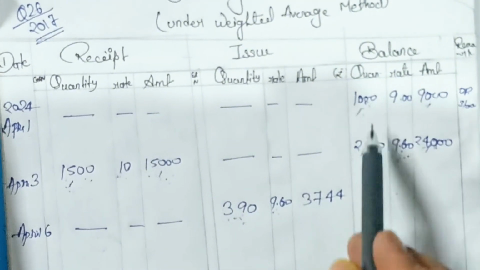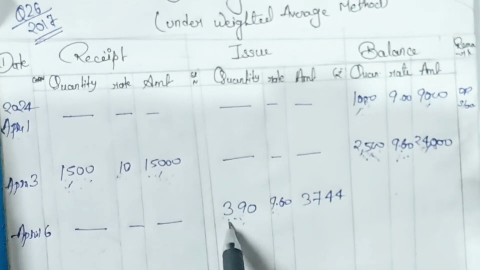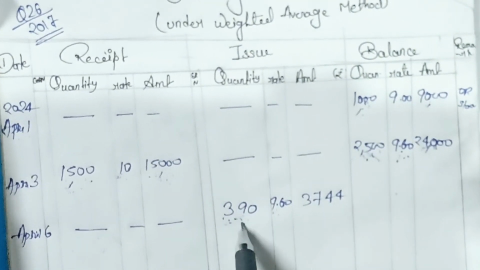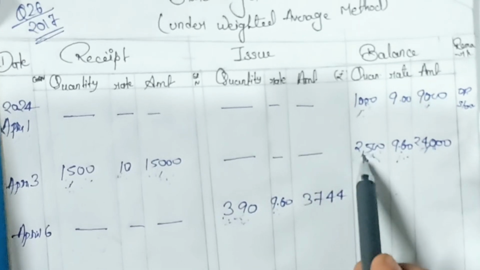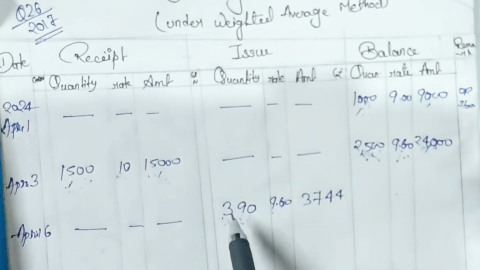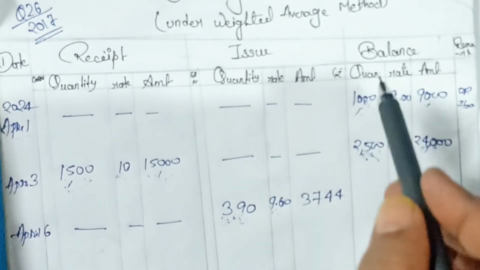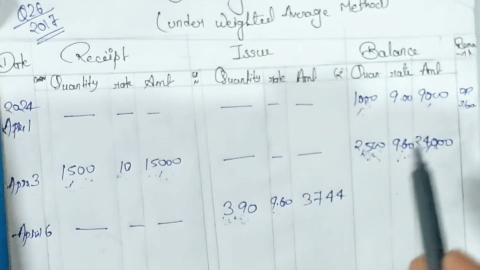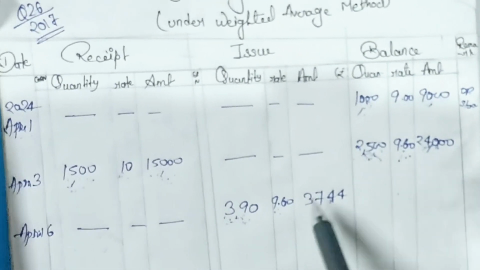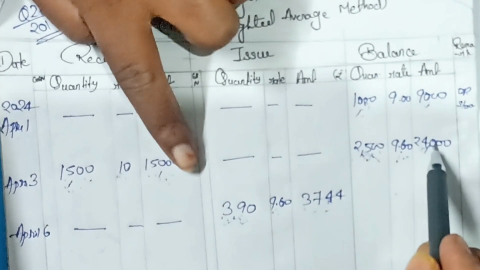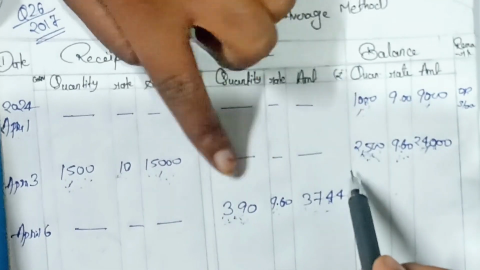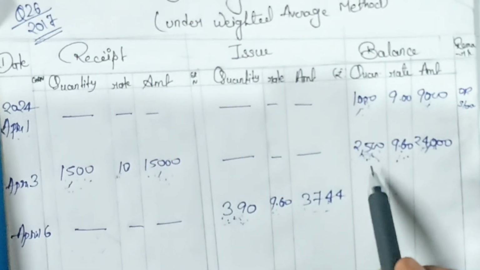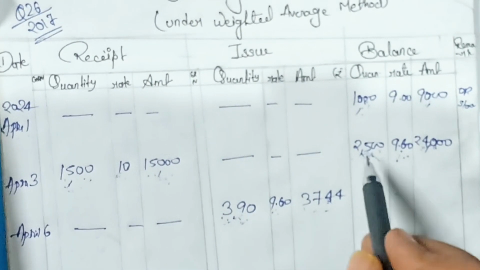Issue quantity will be subtracted from quantity, and issue amount will be subtracted from amount. Quantity from quantity and amount from amount. So 2500.